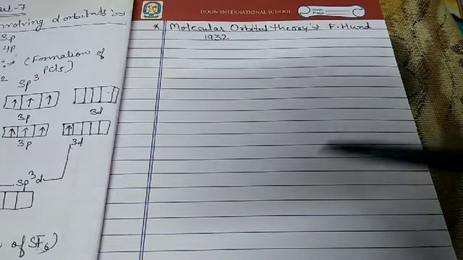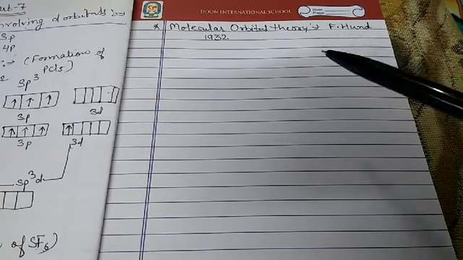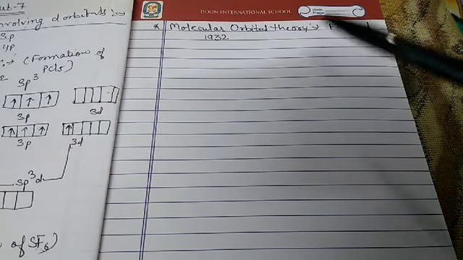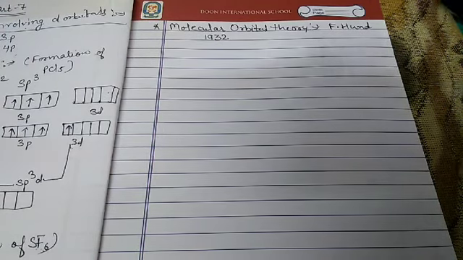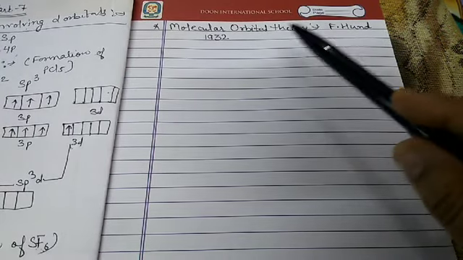So as the electrons are dispersed in the atomic orbitals in case of the atom, the electrons are dispersed in the molecular orbitals if we are talking about the molecule. This is the first feature.